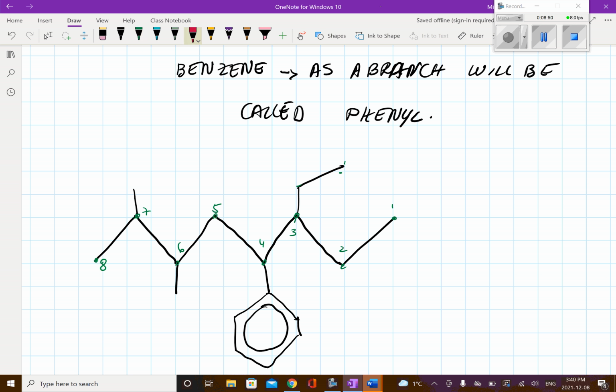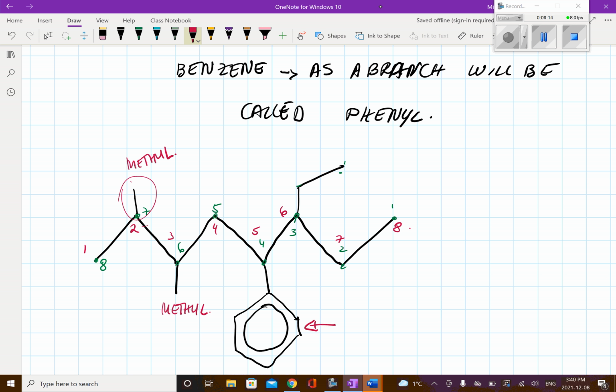But if we start numbering it as 1, 2, 3, 4, 5, 6, 7, 8, then the first branch will be on number 2, which is methyl. And here is methyl as well.